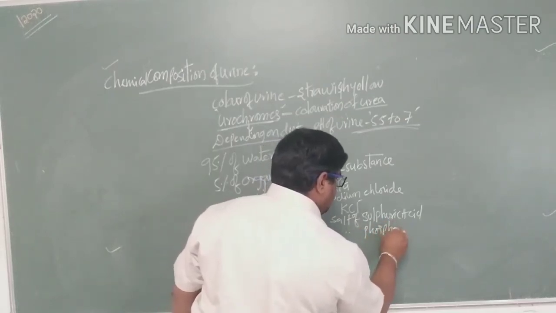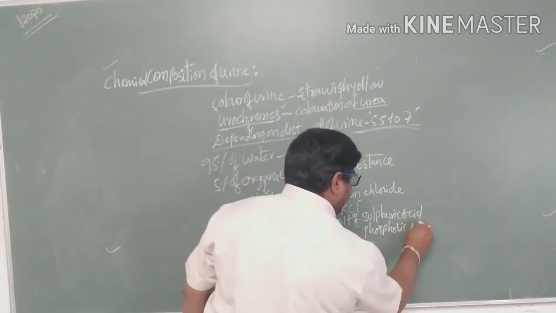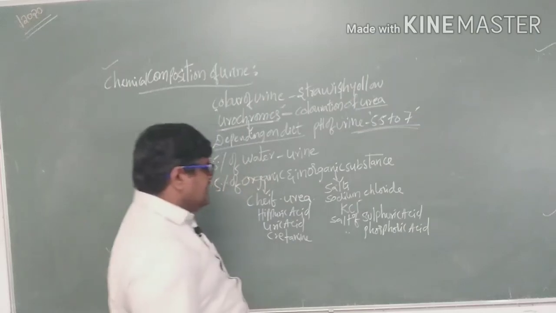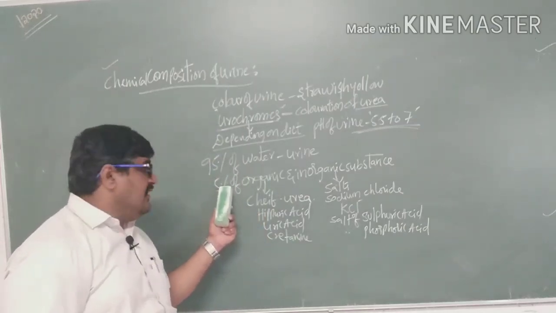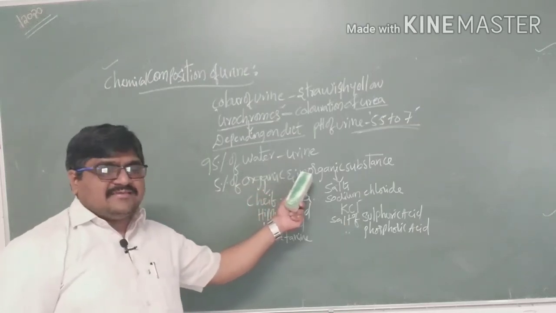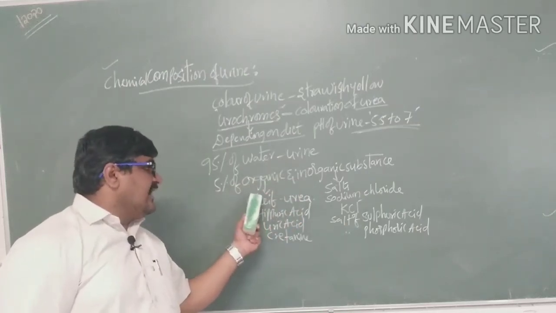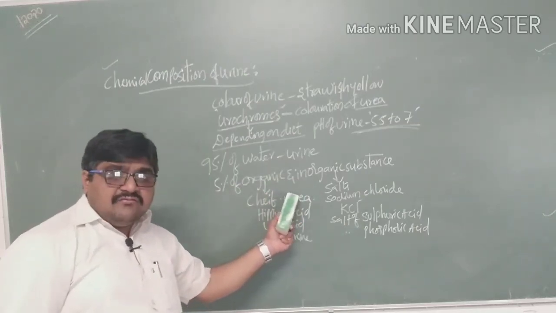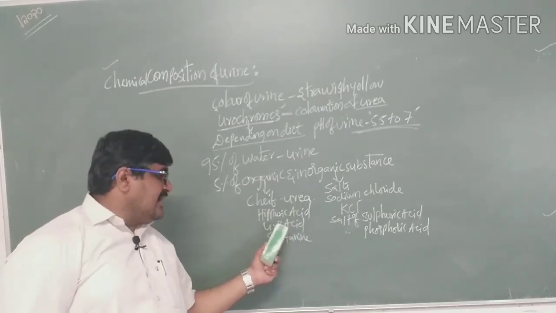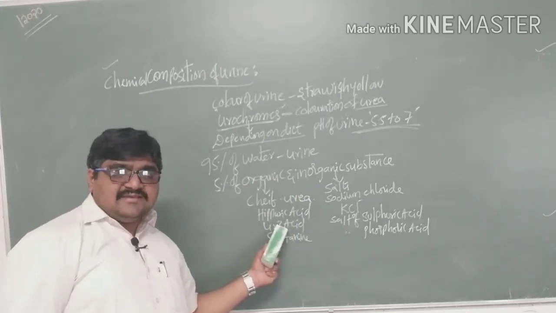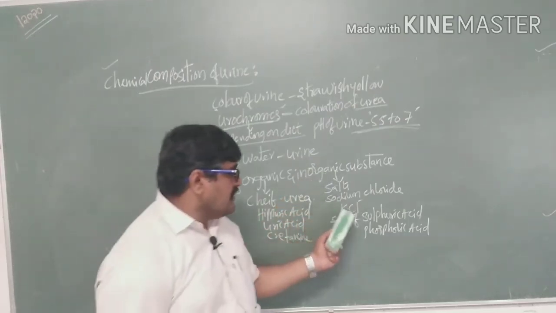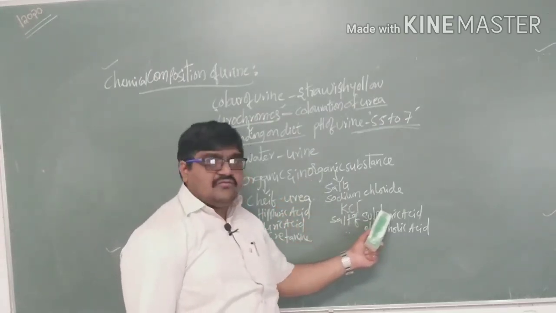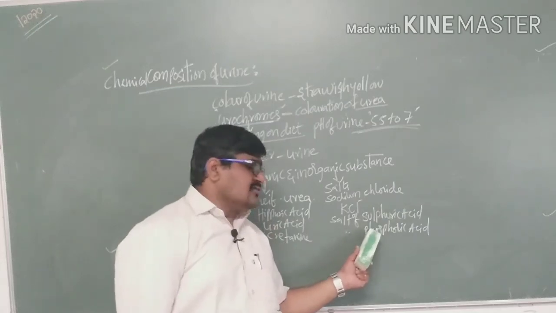So the 5% of substances consist of organic and inorganic, such as the chief organic substance urea, along with uric acid and creatinine, and also inorganic substances like sodium chloride, potassium chloride, salts of sulfuric acid, and salts of phosphoric acid.